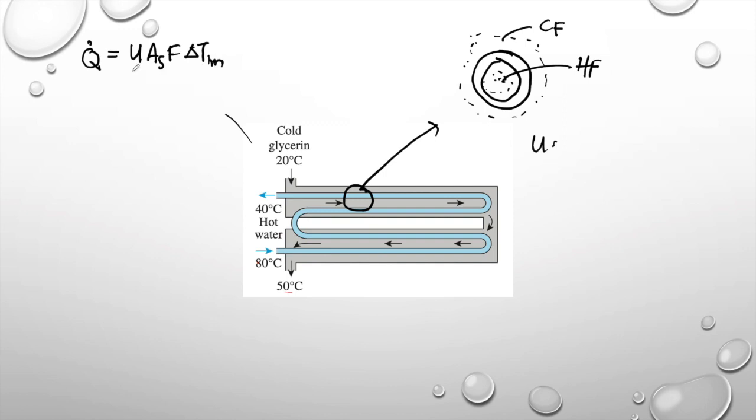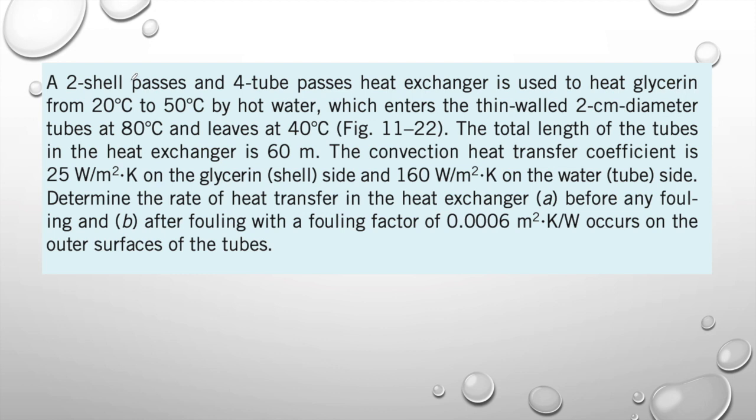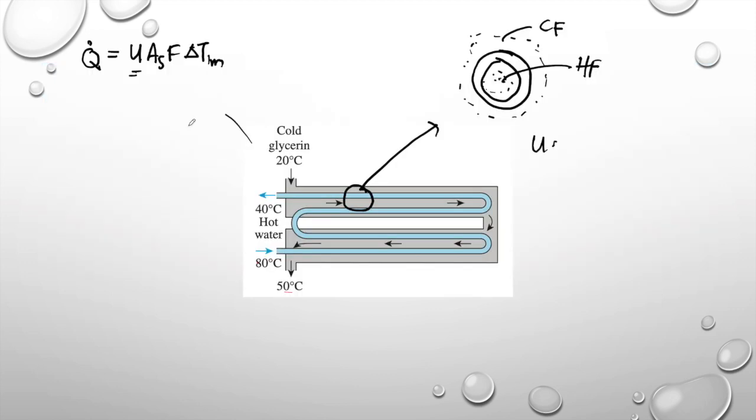So now we need U, the overall heat transfer coefficient. What has been given in this question is only the heat transfer coefficient for the external shell side and internal tube side. But now we have to find the overall heat transfer coefficient.